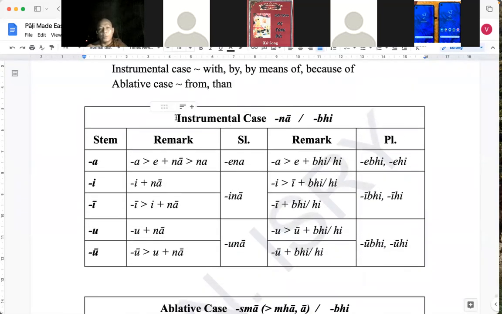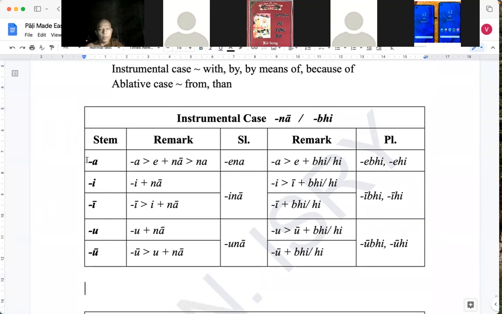So here, the instrumental case sign: basically we can say the singular sign is na, the plural sign is bi. When we add it to a stem ending in a vowel, for example a stem ending in a, like Buddha, to that ending we add the singular sign na.